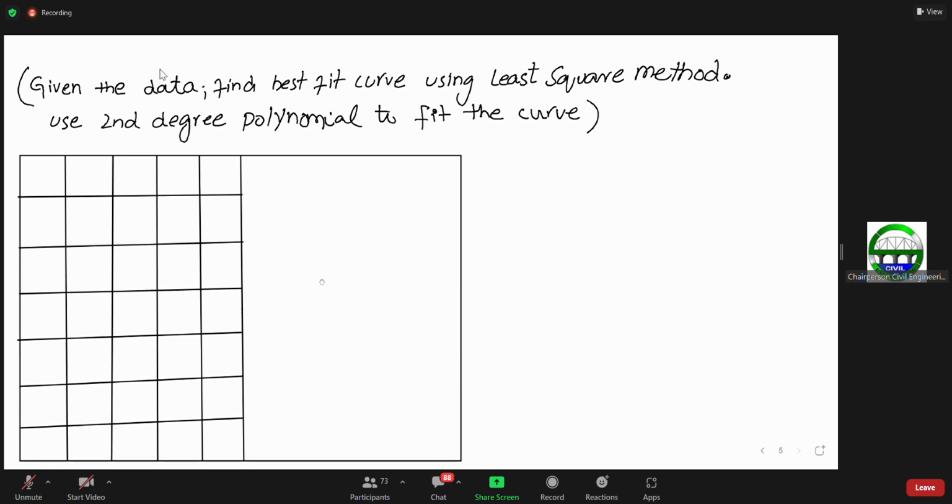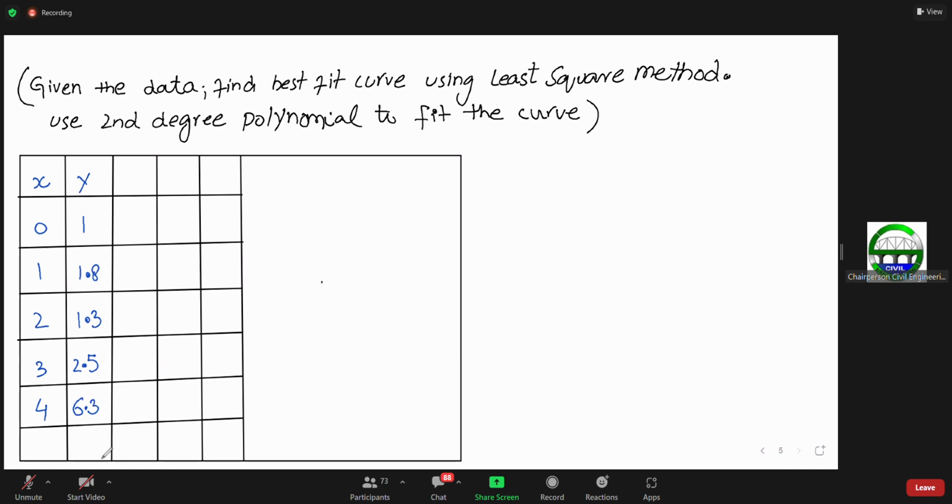And we have the data of x and y. So the value of x is 0, 1, 2, 3, and 4. And corresponding value of y is 1, 1.8, 1.3, 2.5, and 6.3.